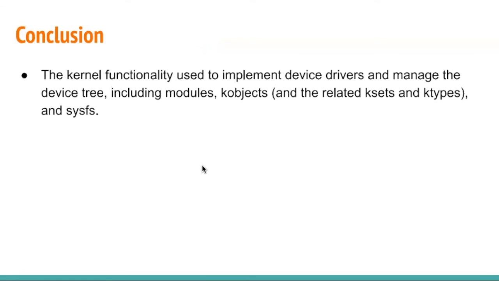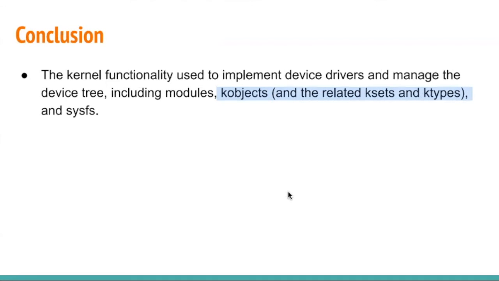So that's all for this video. In conclusion, we have discussed the different types of devices, and then we discussed different structures like kobject, kset, and ktype that help to represent the devices and device interconnections of a system in the kernel.